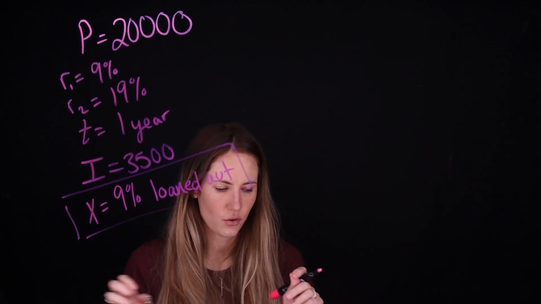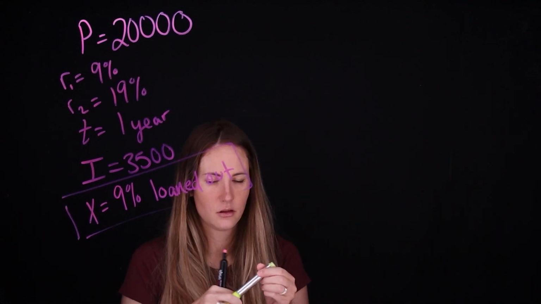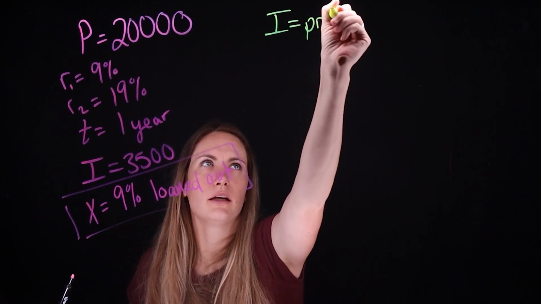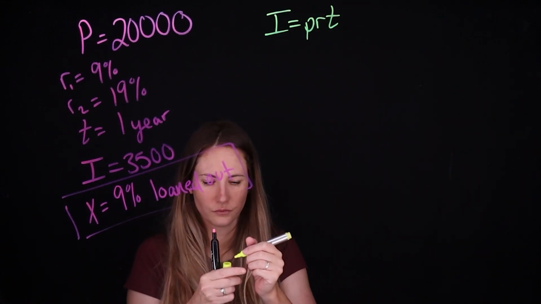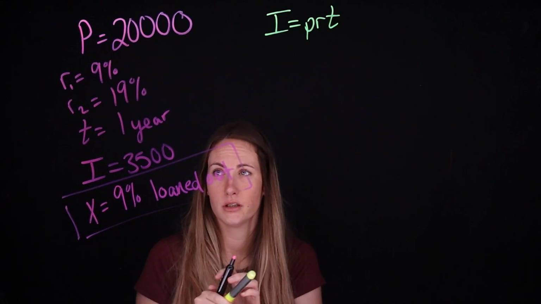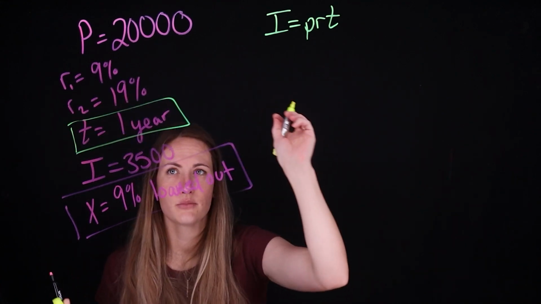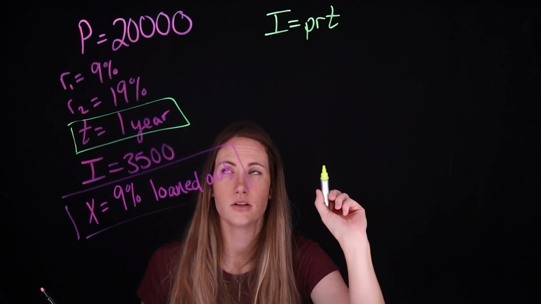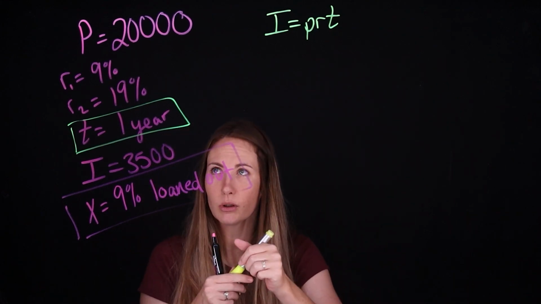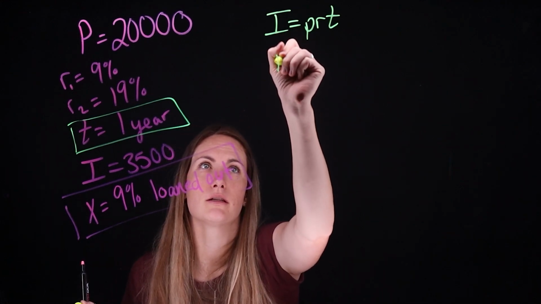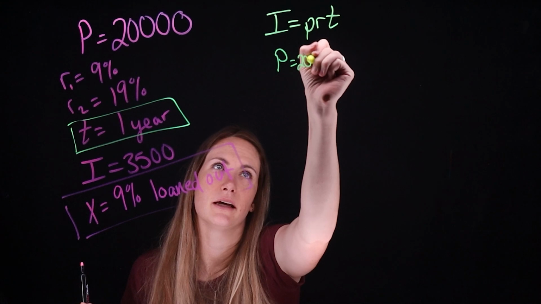Okay, so our formula is interest equals principal times rate times time. Our time is 1 on this one. Anything times 1 is itself, so I'm not going to put that into our formula because it takes up a lot of room. And let's go ahead and do our principal is 20,000.